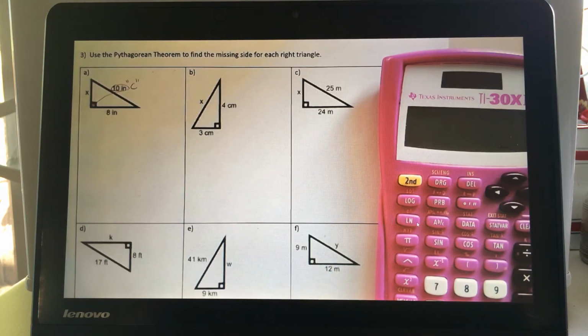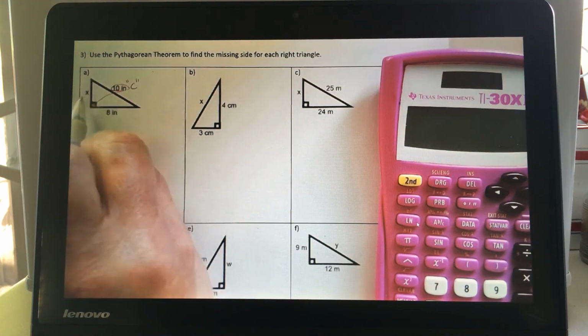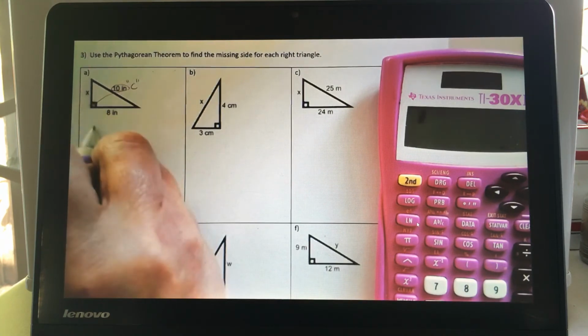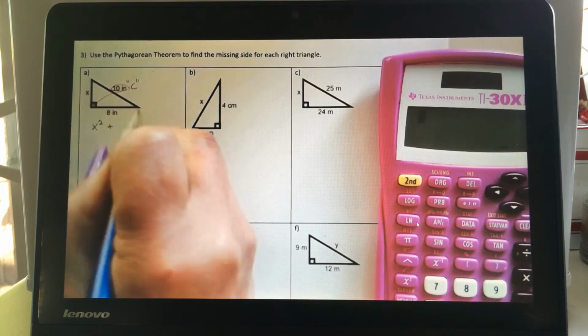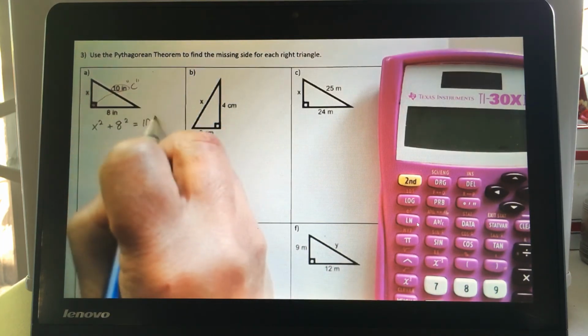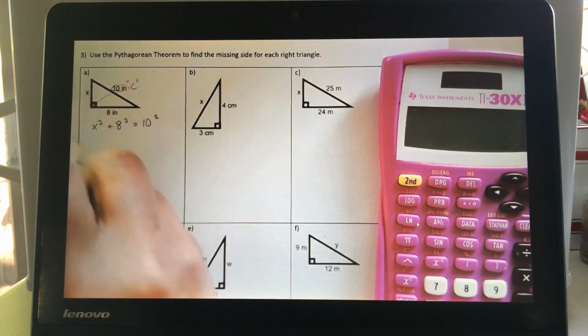It really doesn't matter what variable we use as long as we're representing it as an unknown. Okay, so I'm going to go ahead and say this missing side, that's my smaller side. The medium side, 8, and the largest side, 10. Okay, so we need to square each of those.